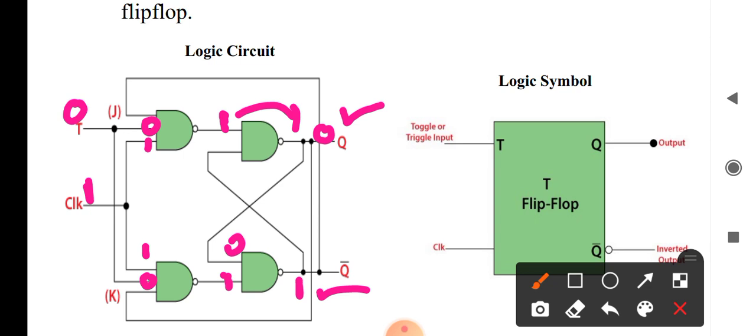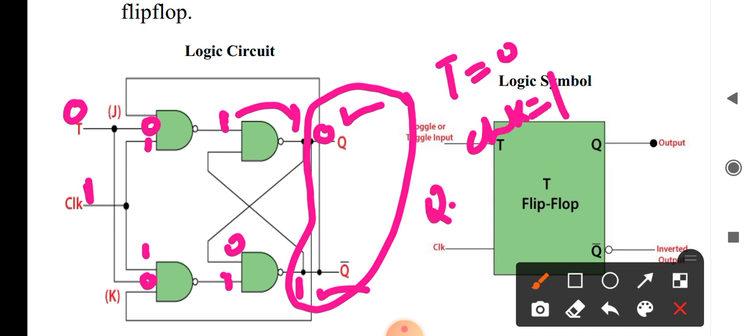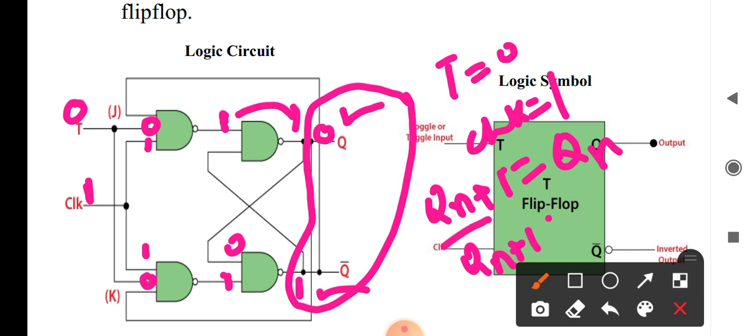This state will be the one we had previously, 0 and 1; it is recalled when you give T equal to 0. When T is equal to 0 and clock is equal to 1, Qn plus 1 will be equal to Qn, and Qn plus 1 complement will be equal to Qn complement.